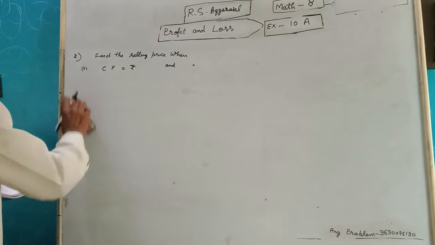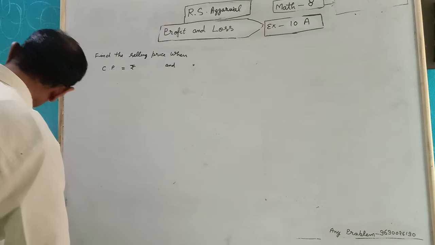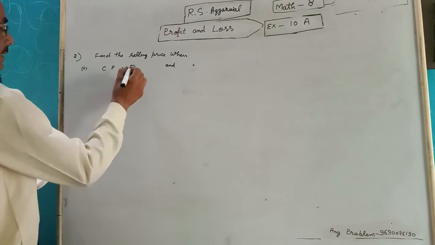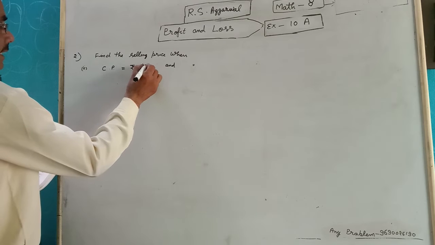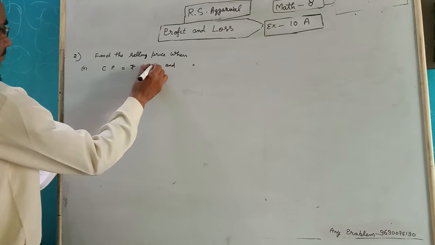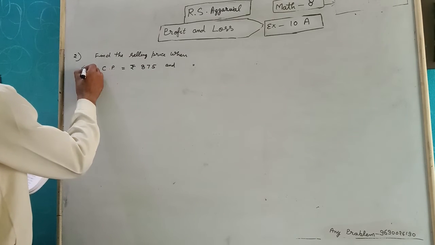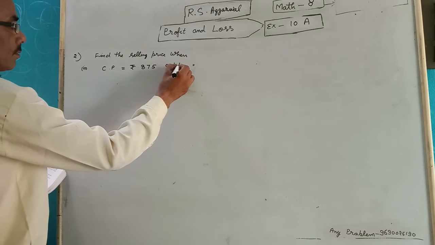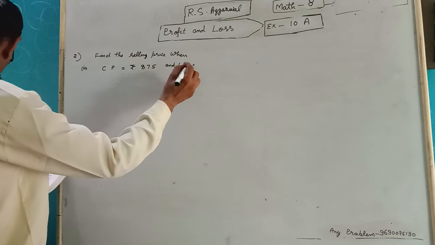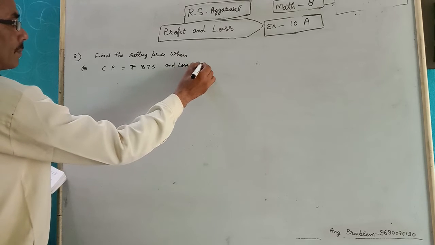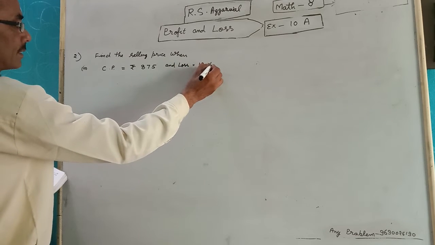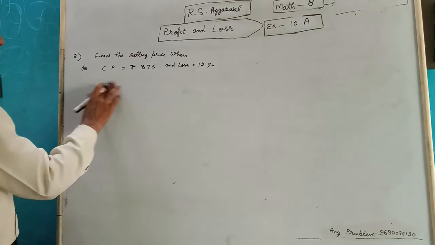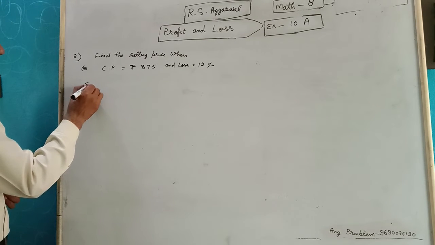Third part CP is 875 rupees and loss is equal to 12%. Let us solve. At first write the formula.